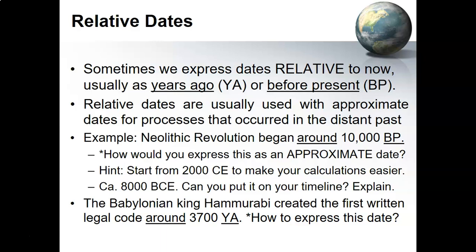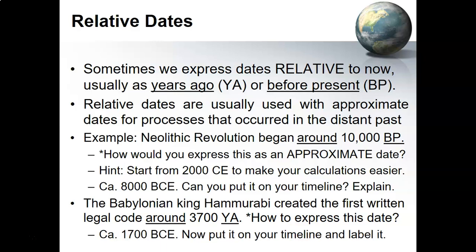So how do we convert that? In other words, what would be the date around 3,700 years ago? Most of you by now have figured out if you go from 2000 of the Common Era, 2000 to 0, and then 0 and 1700 more to the left, BCE.